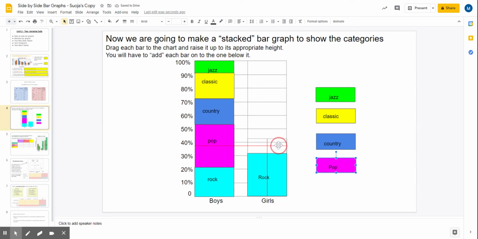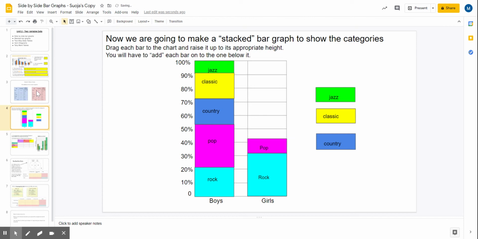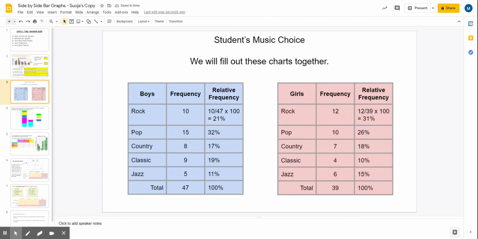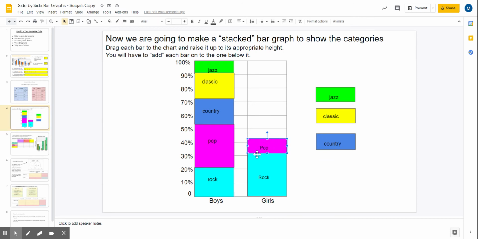Okay, pop is going to be the next one. Pop goes for girls 26%. All right, so right now pop, that's about 10%. That's about 20%. Let's see, we're at 26, a little over halfway through that.